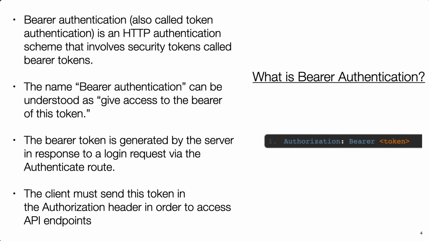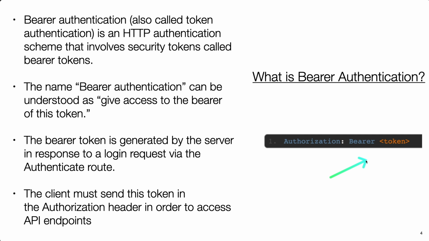So this would be the same header again. We'd have the word authorization provided when we were making each request. We'd have the keyword bearer, and then we'd have some kind of token. So if we're using bearer authentication then for our API access, if the token is valid, the request is satisfied by the API.